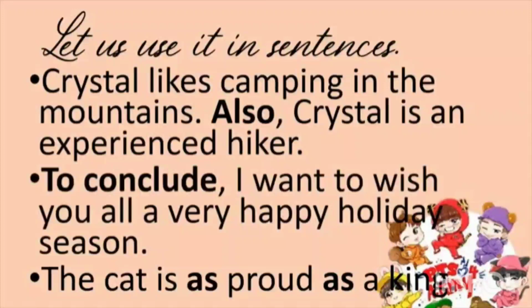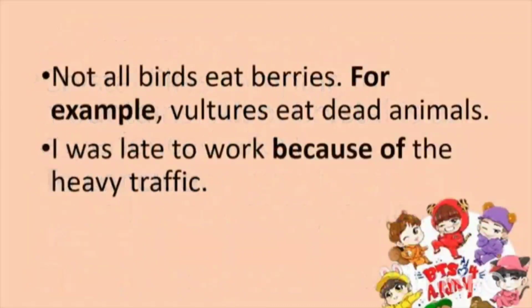Next, the cat is as proud as a king. What transition signal is used in the sentence? The word as. This indicates a transition signal showing comparison. Not all birds eat berries.